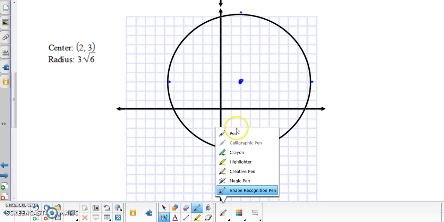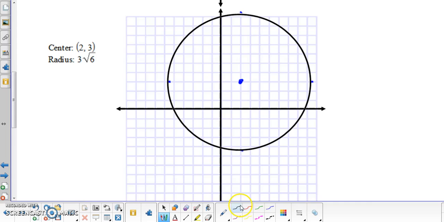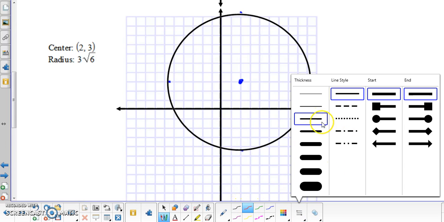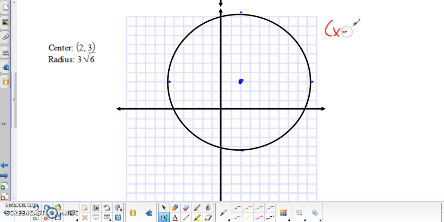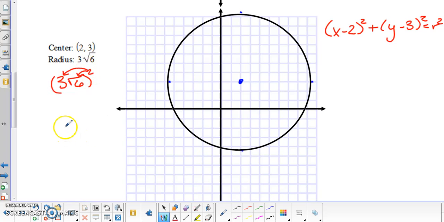All right. Now, in order to put this into standard form, we're going to have to go x minus h, so x minus 2 squared, plus y minus k, so minus 3 squared, and that equals r squared. Here our r is 3 square root 6. I need to square this. So that means that the square has to go to everything behind it.